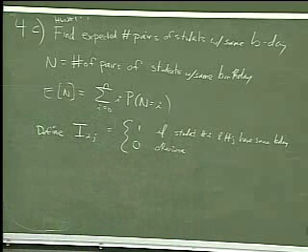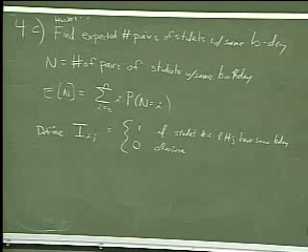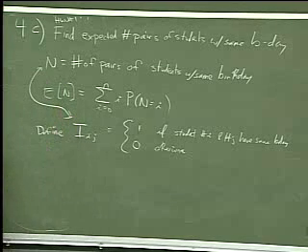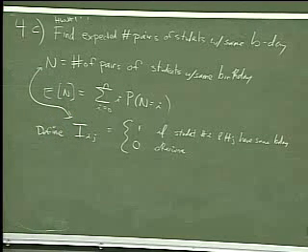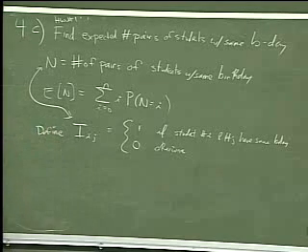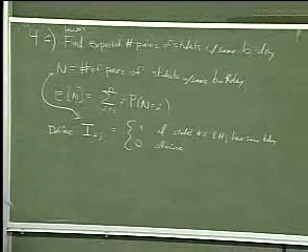Okay, and that's the extent of the hint I'm going to give now. But think about how these i's relate to the n, and what you can say about the expected value of n in the context of these i's. And if you do that right, it'll be easy to solve.